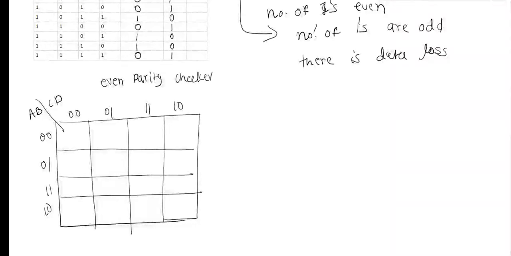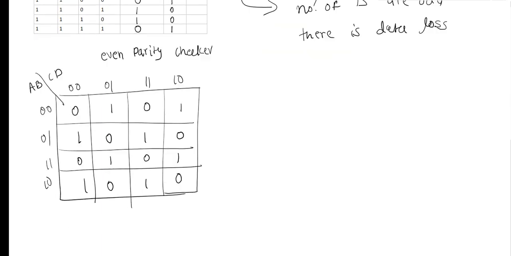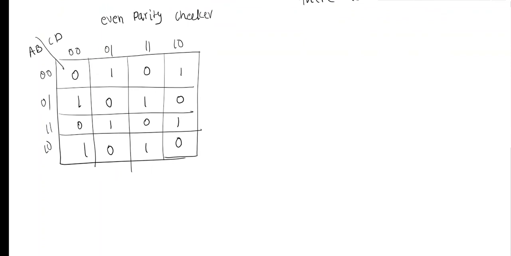After plotting the truth table values for the even parity error check bit, now my K-map looks like this. 0, 1, 0, 1, 1, 0, 1, 0, 0, 1, 0, 1, 1, 0, 1, 0. Now we'll try for the octet. Octet is not possible. We'll try for a quad. Quad is also not possible. We'll try for the pairs. Pair is also not possible. So all are isolated 1s.